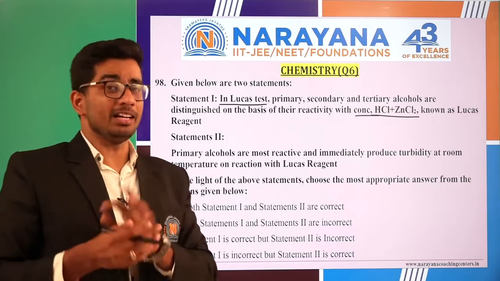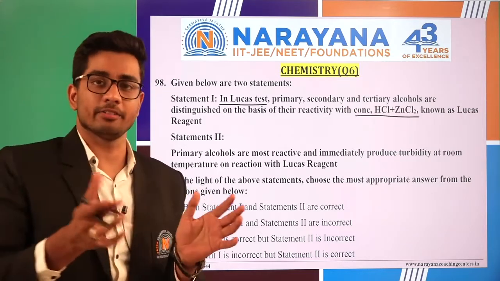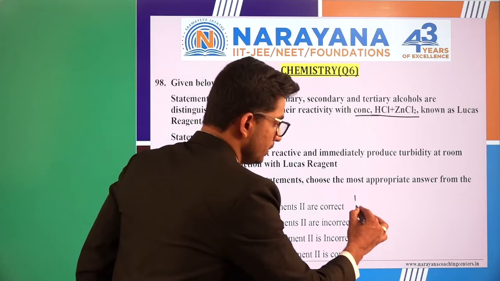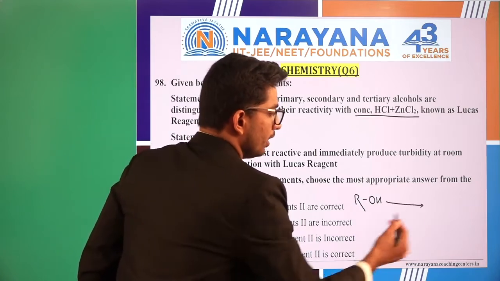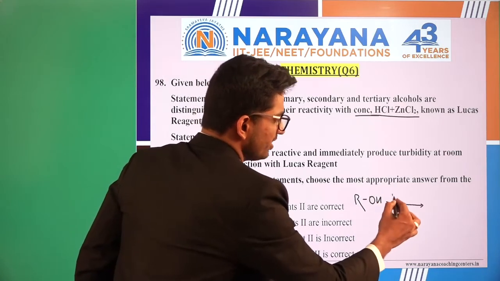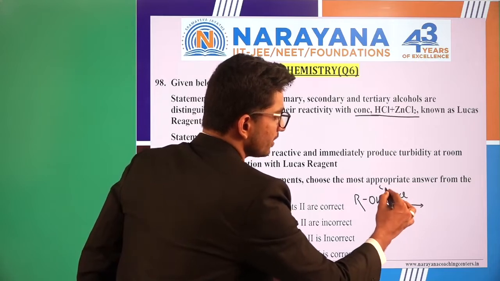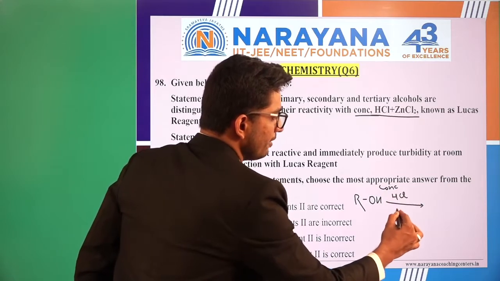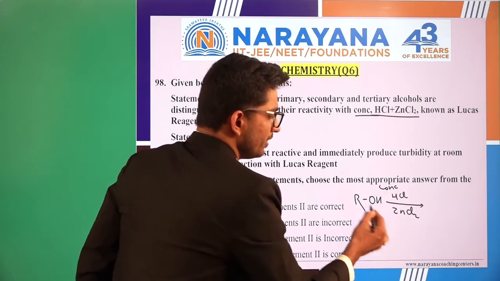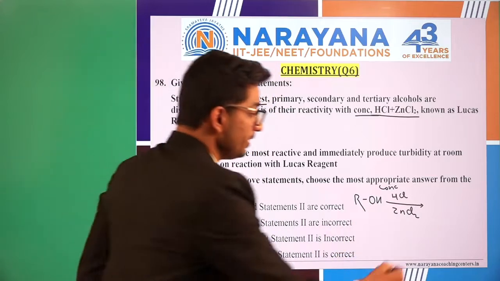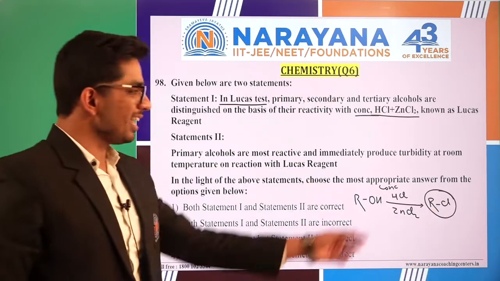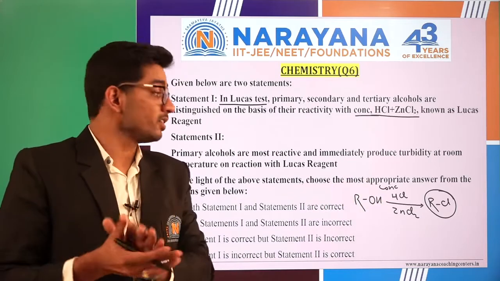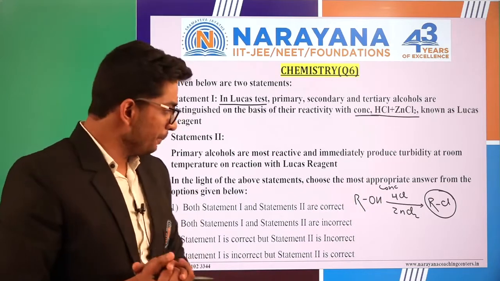So what happens when Lucas reagent comes in contact with alcohol? Let's say we have some alcohol, and this alcohol reacts with the Lucas reagent, that is concentrated HCl and ZnCl2. This alcohol gets converted into alkyl chloride, and this alkyl chloride produces the turbidity.